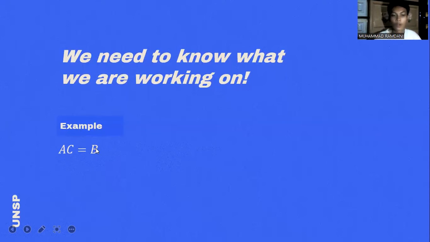What we need to do first is move A from the side of C, because we just want to determine C.